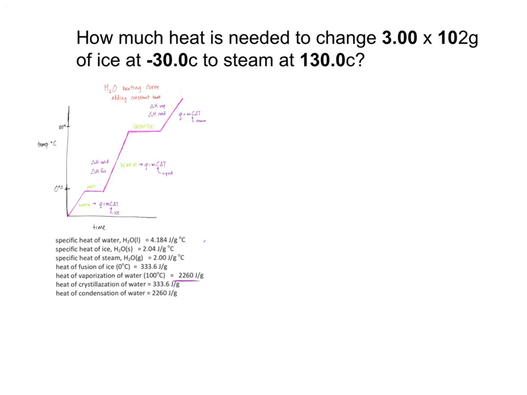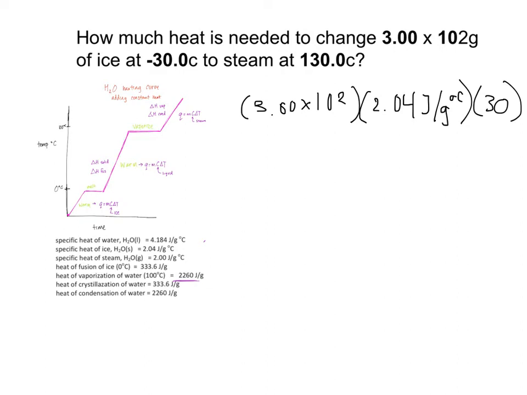In the example problem, how much heat is needed to change 3.00 times 10 to the second grams of ice at negative 30 degrees Celsius to steam at 130.0 degrees Celsius? You'll start by using Q equals mc delta T and writing 3.00 times 10 to the second times 2.04 joules times 30.